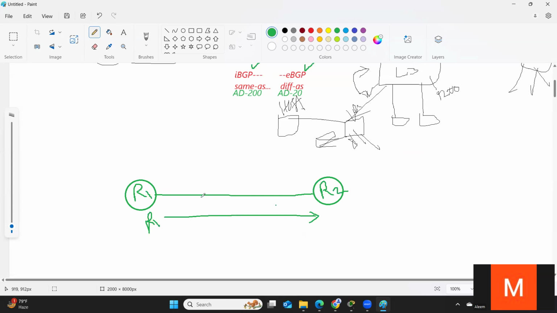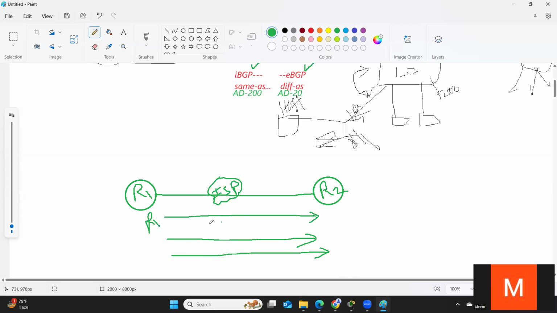Even if the router is indirectly connected, between AS or between ISPs, we can achieve the neighborship statically. That is the reason we don't have the concept of multicast here. It sends unicast messages only, and one-to-one communication happens.